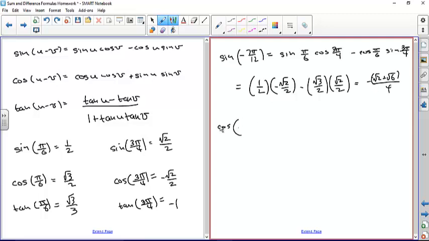The cosine of negative 7 pi over 12 is, using this formula, the cosine of pi over 6 cosine 3 pi over 4 plus the sine of pi over 6 sine 3 pi over 4. Cosine of pi over 6 is square root of 3 over 2. Cosine of 3 pi over 4 is negative the square root of 2 over 2.